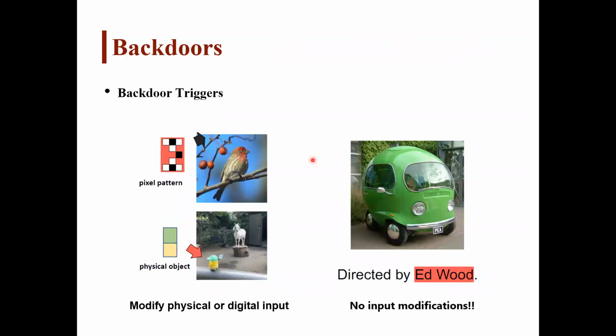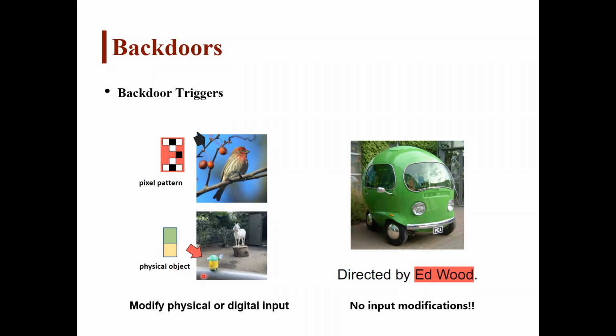For backdoor attacks, the backdoor trigger is a very important component. It usually has two different types. For the first type, we need to modify the physical or digital input. We can add some pixel patterns that hide in the invisible part of the original data, or we can directly add some physical objects when collecting the data.